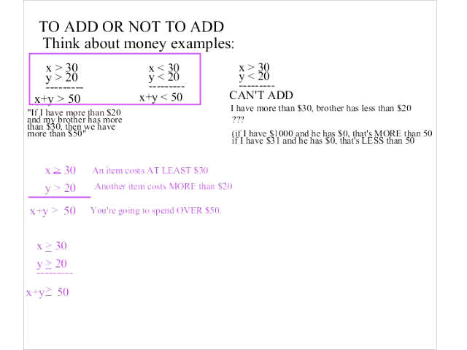So those are the lessons here about adding inequalities. Oh, and then finally, if you have x is greater than 30 and y is equal to 20, then that's going to give you x plus y is greater than 50.